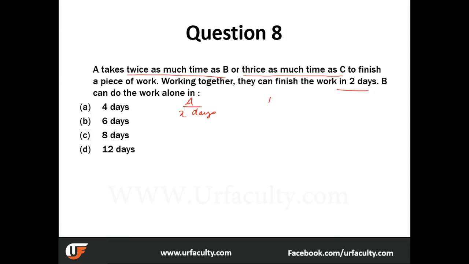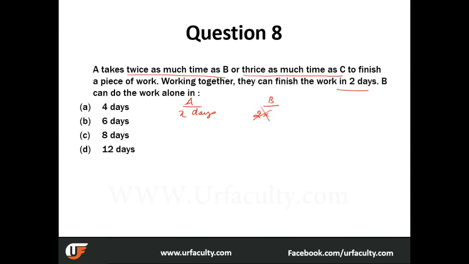A takes twice as much time as B. So how many days can B complete the task? If you write 2x, you are wrong. Why?